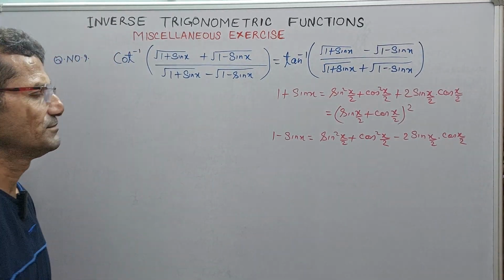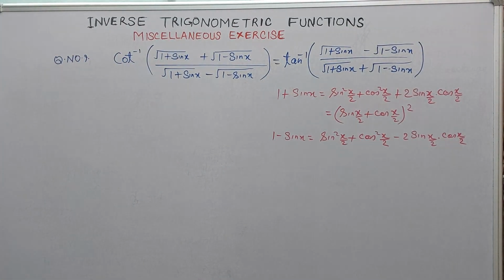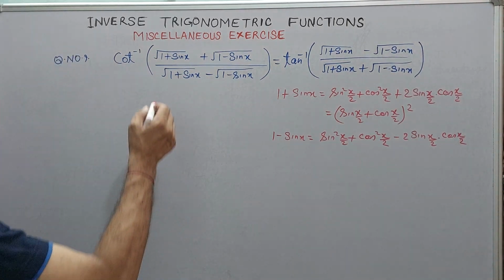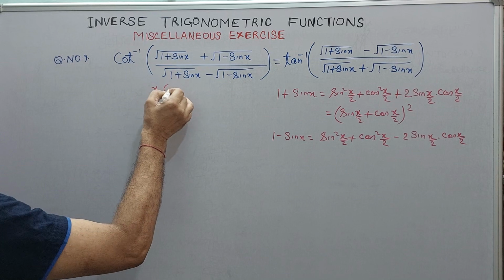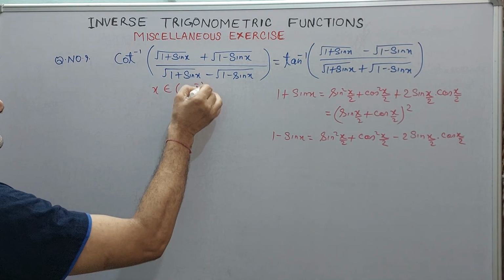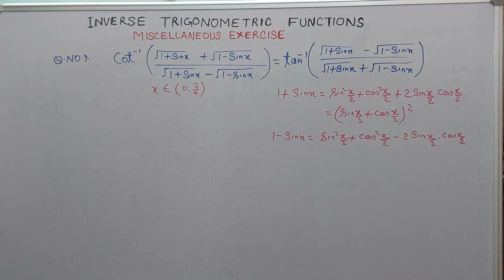But here something is given in the problem. It says that x belongs to 0 to pi by 4. This angle belongs to 0 to pi by 4.